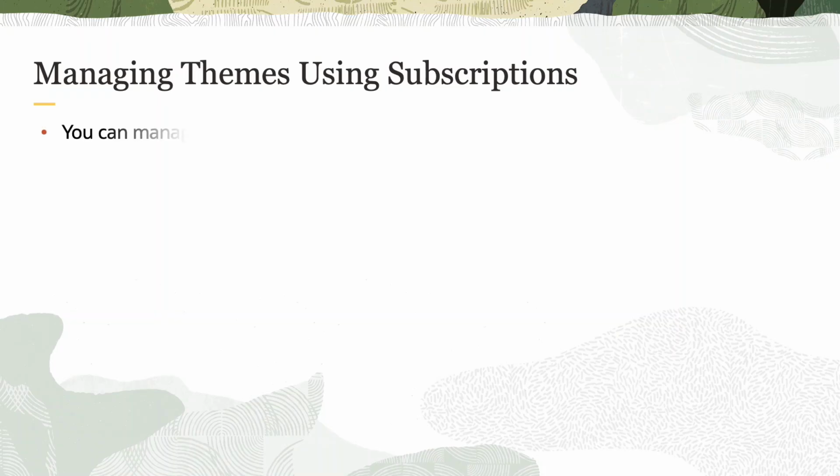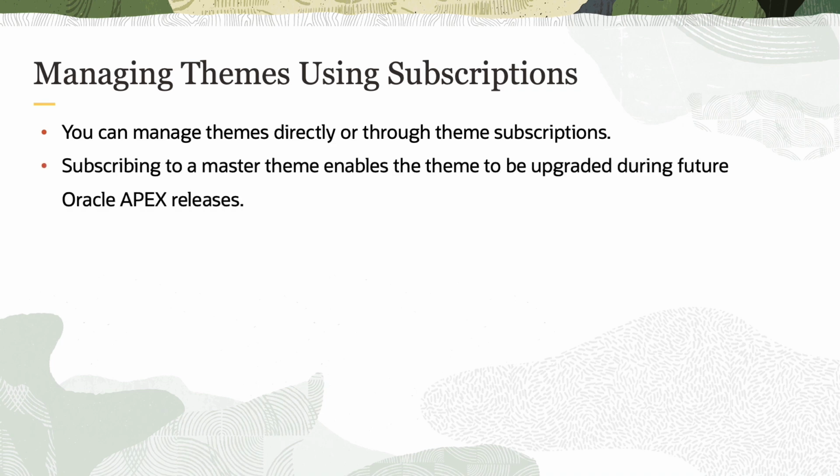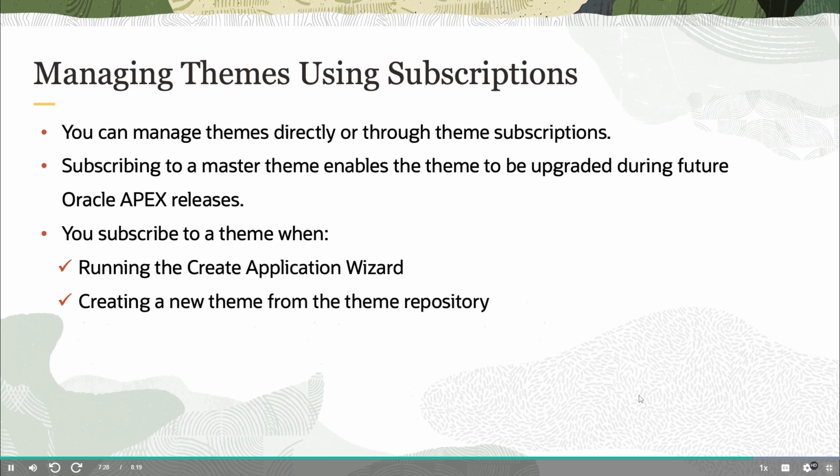In Apex, you can either manage themes directly without any subscription model or through theme subscriptions. Subscribing to a master theme like the universal theme enables the theme to be upgraded during future Oracle Apex releases. You subscribe to a theme when running the Create Application wizard or while creating a new theme from the theme repository.